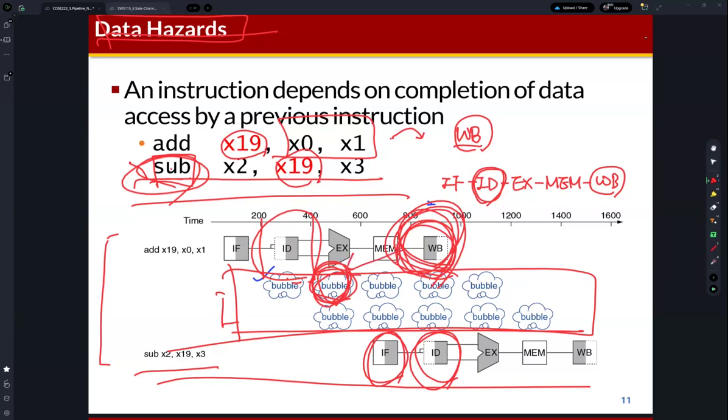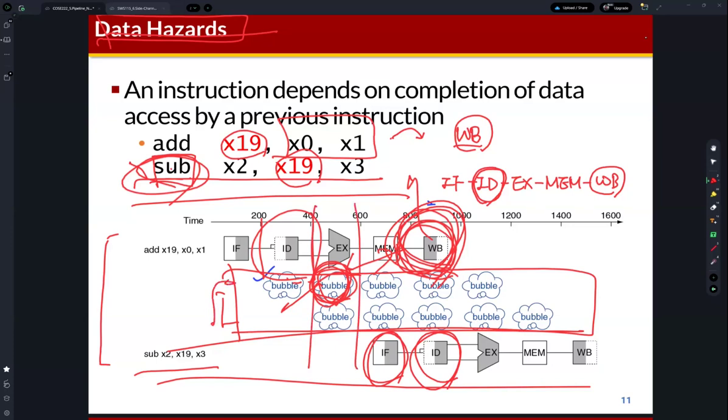So we can find the time gap: this is the future and this is the past. It's not possible because the result of the previous instruction is not found in the register file at this point.